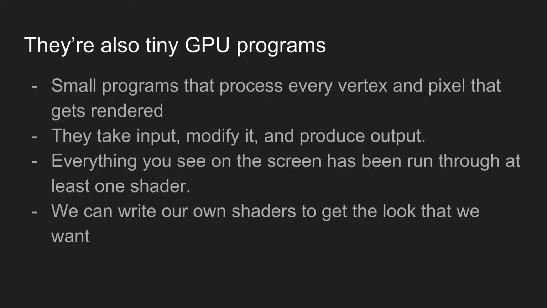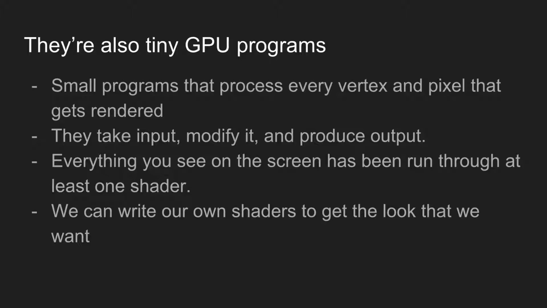But they're also tiny GPU programs. What that means is basically shaders are tiny little bits of code that you run on your graphics card, and they process every single vertex of a model and pixel of a triangle that gets rendered, and it produces some output color for every input that you give it. So most of the time, they'll just take their input, modify it a little bit, and produce output.